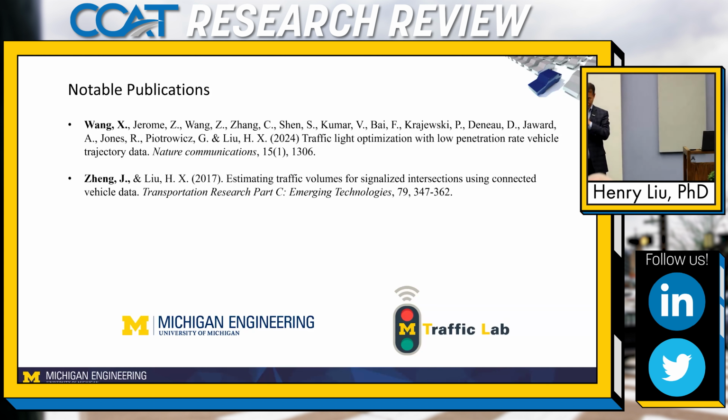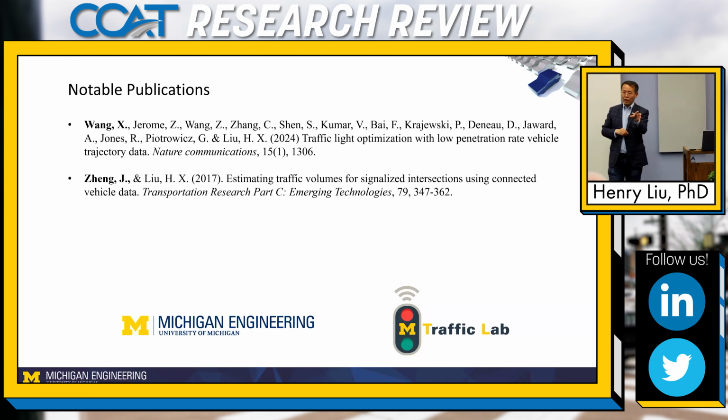Yeah, that's a great question. As I mentioned, the detector data versus trajectory data, each has advantages and disadvantages. I'll give you one example. The detector will be particularly advantageous for a minor approach. If you only rely upon a few percent of the vehicle trajectories, you really don't know in real time what traffic flow is coming in, because you haven't really observed anything.